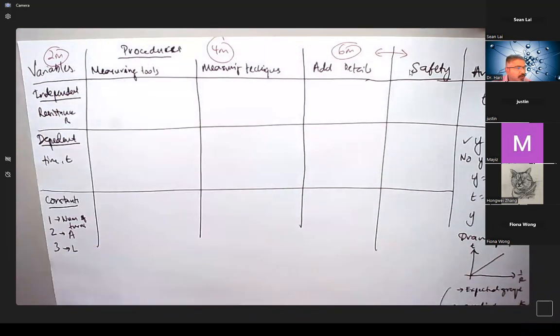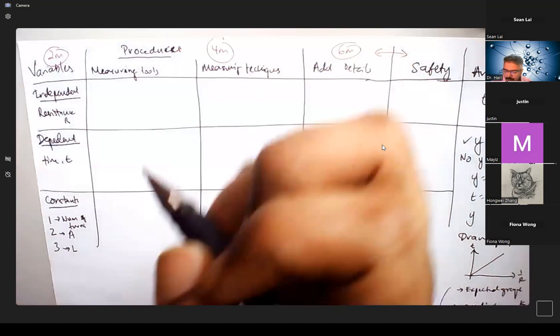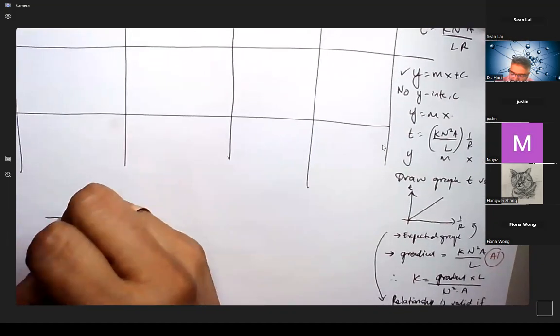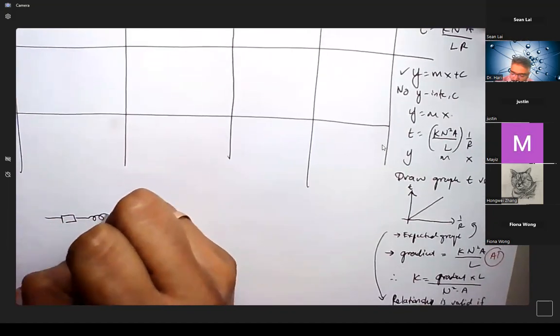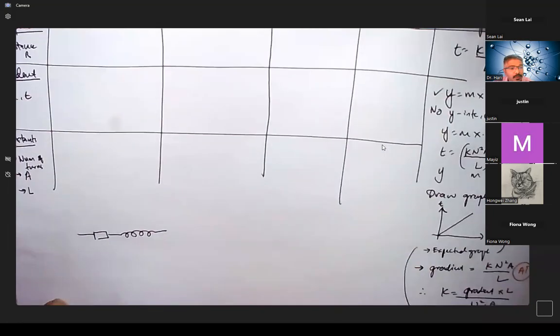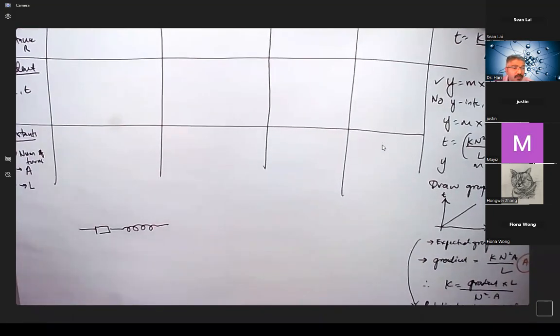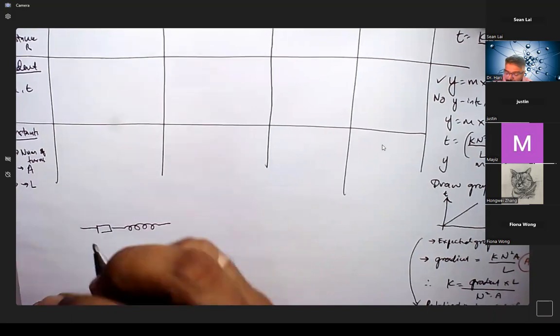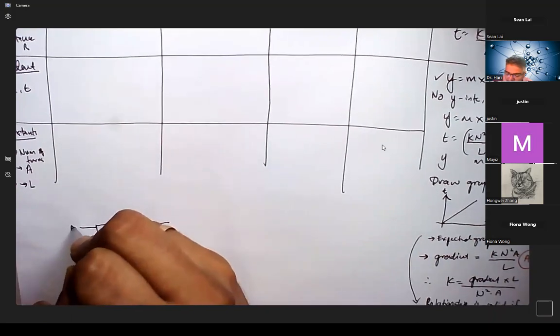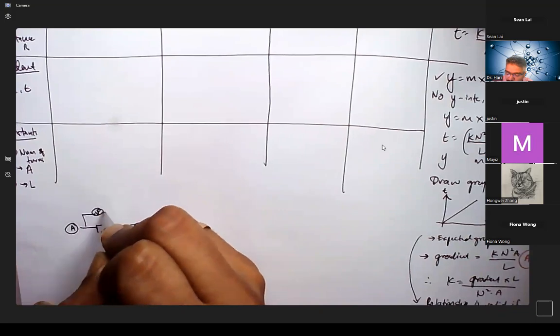So what are the measuring tools for resistance? How do you measure resistance in the circuit? We know that it has a resistance like this, and then we have a coil. So it definitely needs some sort of circuit. So how do we find out the resistance? We need to put an ammeter and a voltmeter.